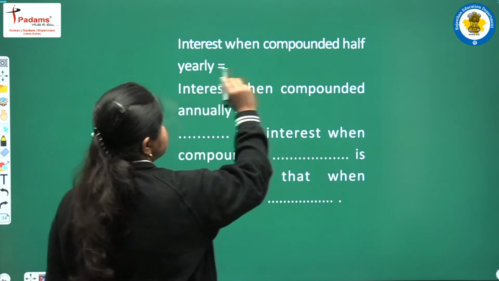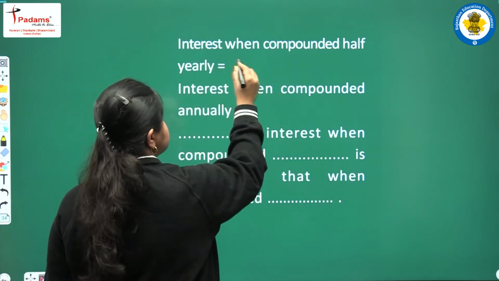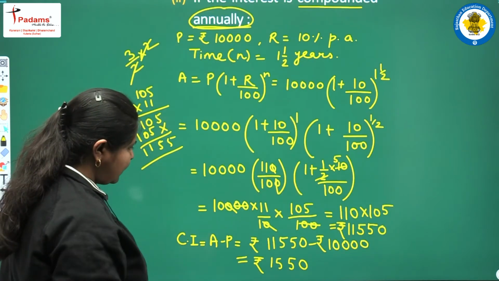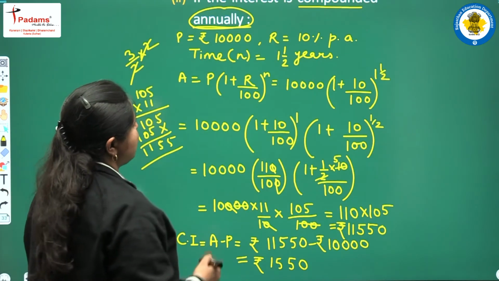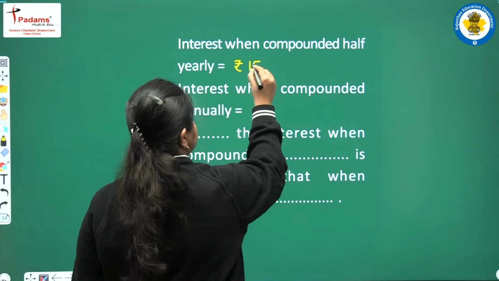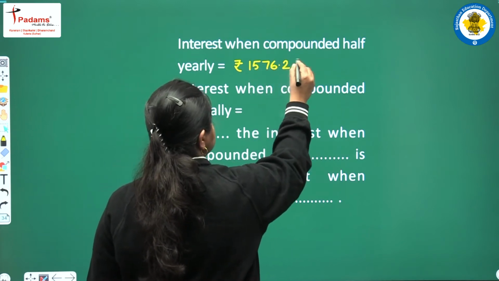फर्स्ट वी राइट इंटरेस्ट व्हेन कंपाउंडेड हाफ ईयरली. इट इज रुपीज, लेट मी गो बैक, 1576.25.